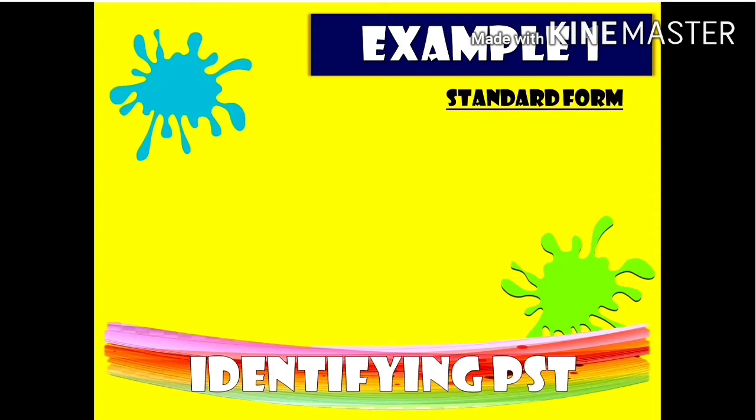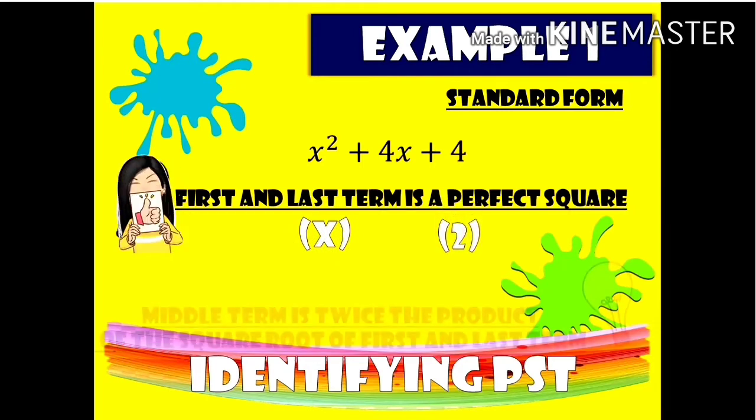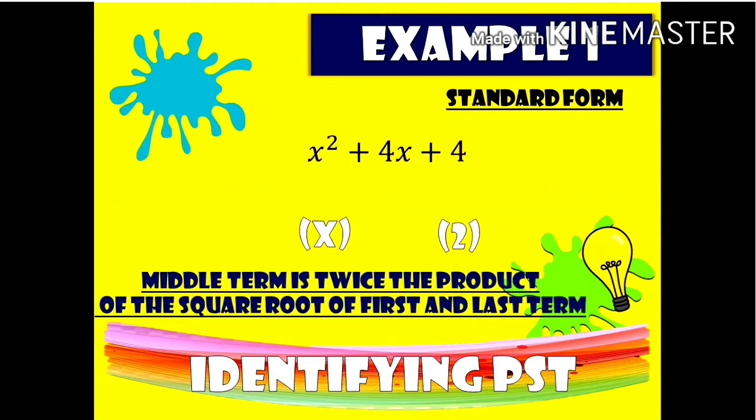Let's give an example. So, we are going to identify if the given trinomial is a perfect square trinomial. So, dapat, ang first and last term niya ay perfect square. And x squared and 4 are perfect square. So, what is the square root of x squared? That is x. And square root of 4 is 2. Now, the middle term should be twice the product of the square root of the first and last term.